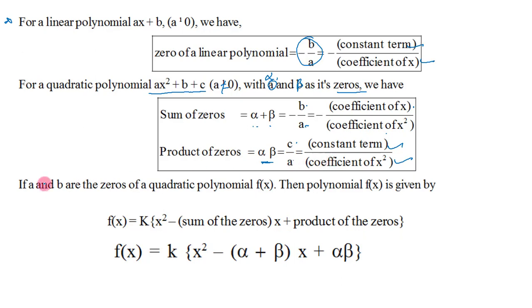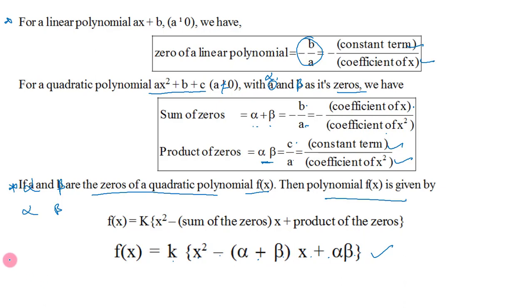And one more important property that we are going to discuss at the end of this section is that if two zeros alpha and beta are given to us, that is, if alpha and beta are zeros of the quadratic polynomial f of x, then the polynomial can be written very easily using this formula: k of x square minus alpha plus beta into x plus alpha into beta.